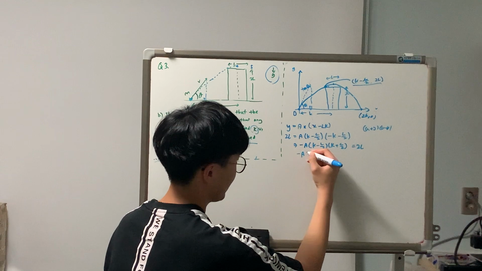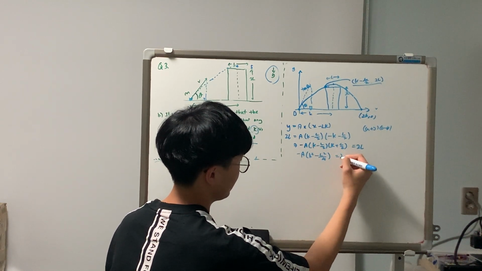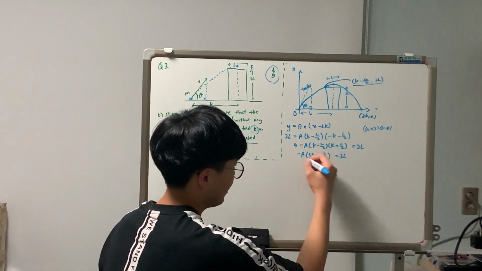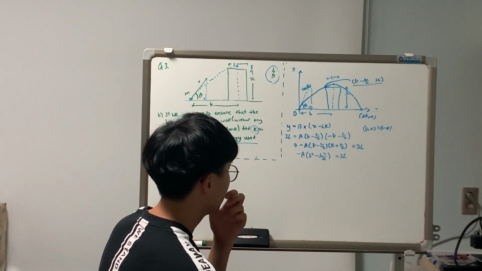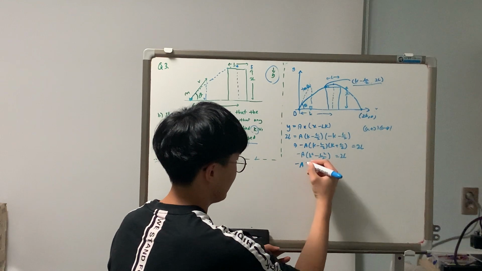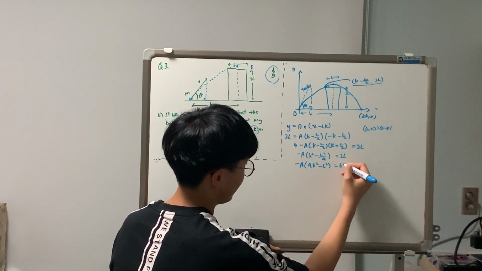Expanding that, we get k squared minus L squared over 4 equals 2L. And because we don't like leaving the expressions as a fraction, we multiply 4 onto both sides and get minus a times 4k squared minus L squared is equal to 8L.